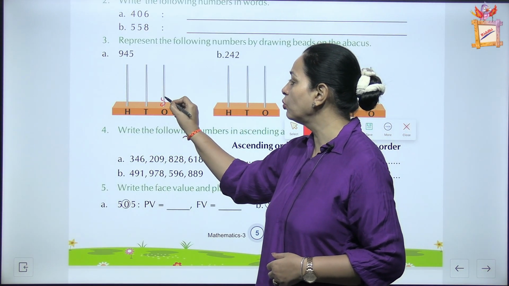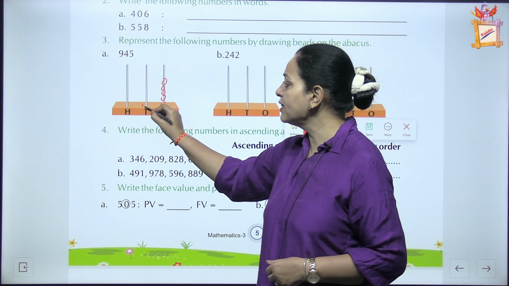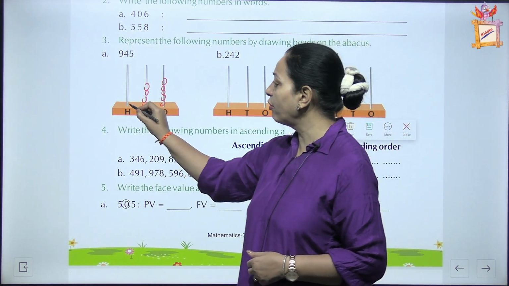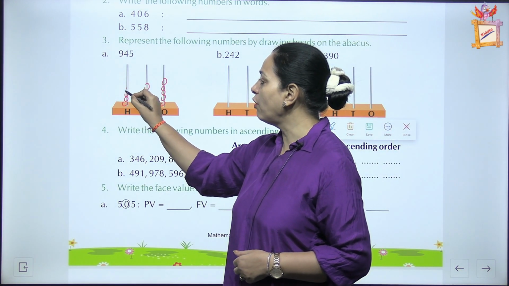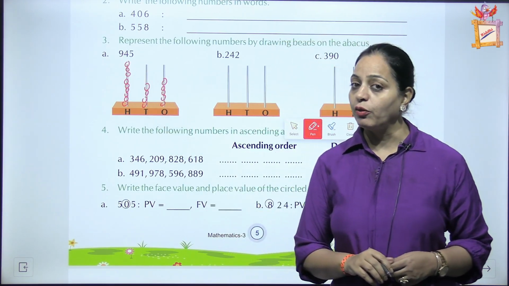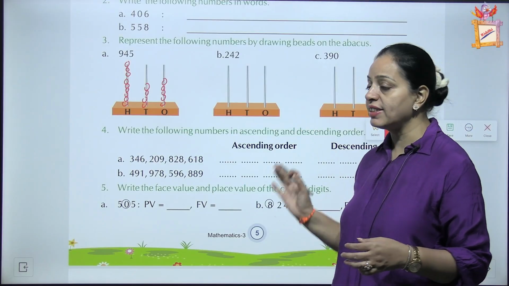So 1, 2, 3, 4, 5. 4 in tens, 1, 2, 3, 4. And 9 in hundreds, 1, 2, 3, 4, 5, 6, 7, 8, 9. I hope this is very much clear to you. Similarly, you can go for B and C part.